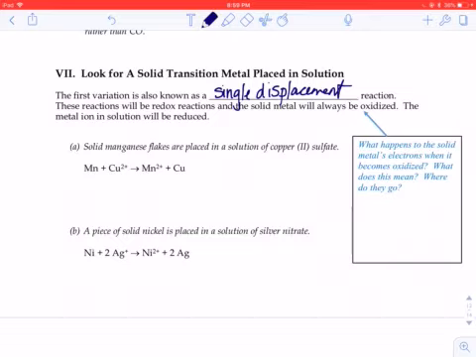And we were to place that in a solution of copper 2 sulfate. So copper 2 sulfate, it's a solution, so that means you have copper ions plus 2 and sulfate ions minus 2. Well, the manganese solid is going to combine with the sulfate ion.